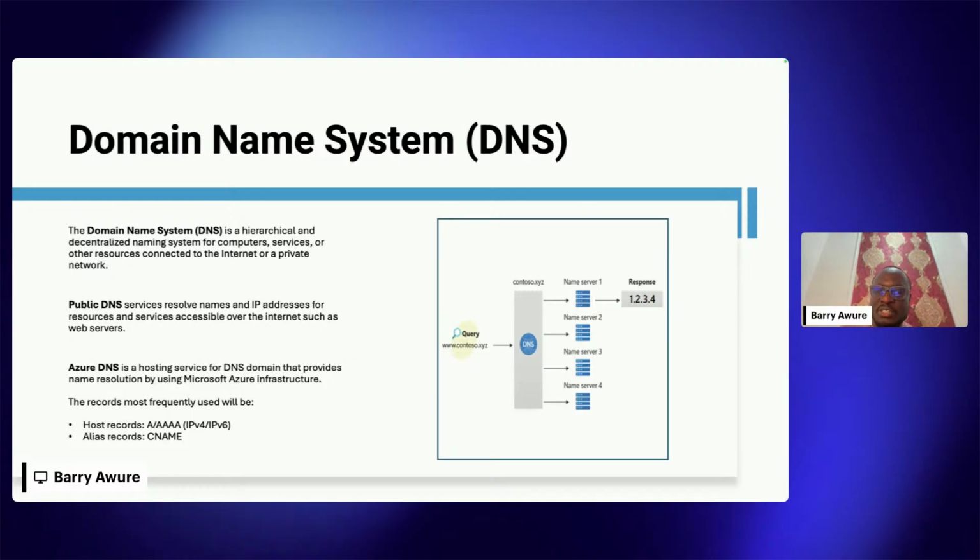For example, my name is Barry. I don't need to think too much about it, right? We are in Azure. This is an Azure class. I can easily remember names more than numbers, right? And that is what domain name resolution helps you achieve: an easy way to name things without having to remember the IP addresses.